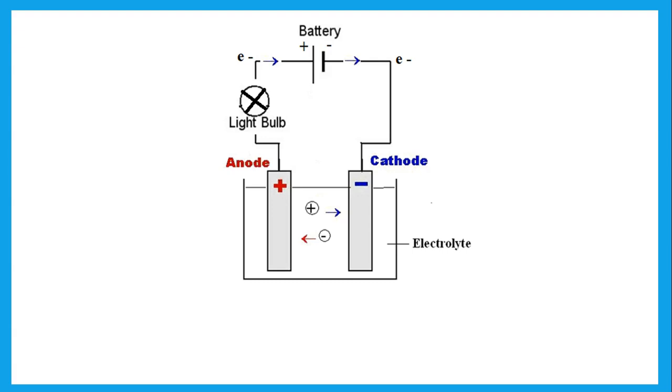That means the ions in solution, positive ions or cations, are attracted to the negative electrode, so that is called the cathode. The negative ions or anions are attracted to the positive electrode, so that is called the anode.